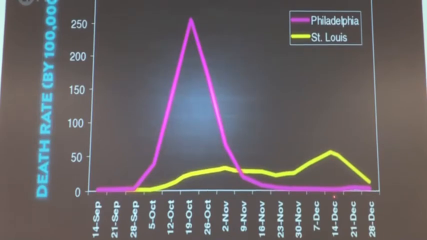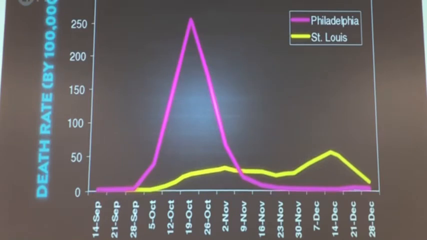Not quite sure why that peak occurred, but notice it's a little bit less than 50 deaths, even at the St. Louis peak, compared to the peak here, which is over 250. Well, what was going on here?